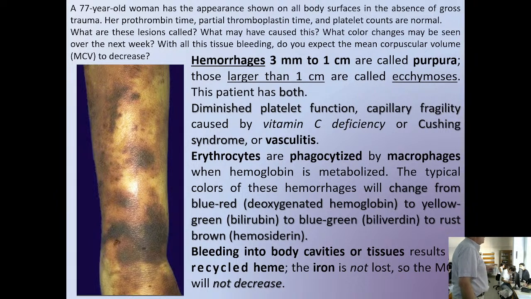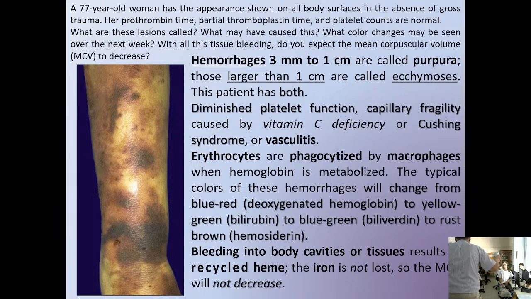This is the reason why the MCV of the blood test is not affected. There is no loss of iron because when there is tissue hemorrhage, the macrophages go and take iron, and so iron is recycled. There is no loss of iron, as it would be if we had a blood loss from the patient, if he had a diarrhea with blood, that could not be recycled.